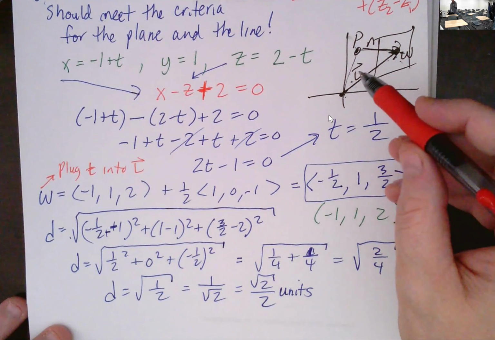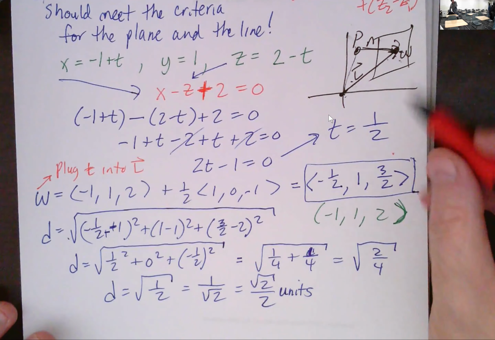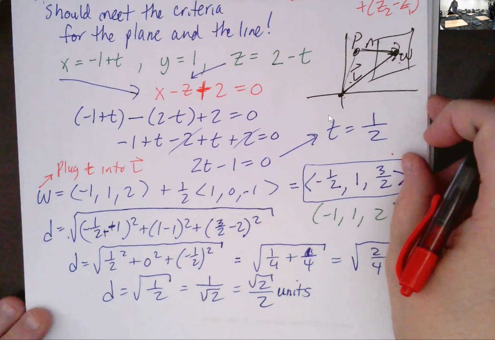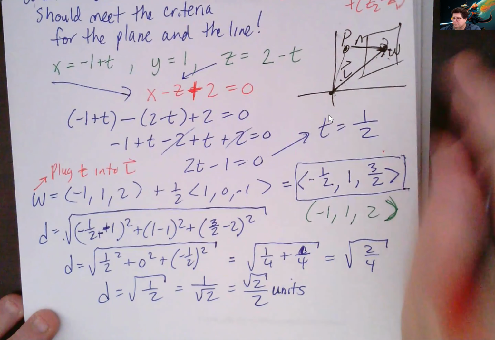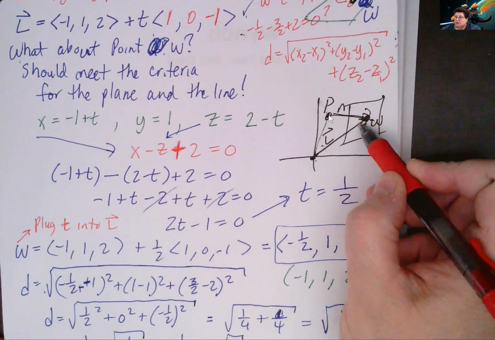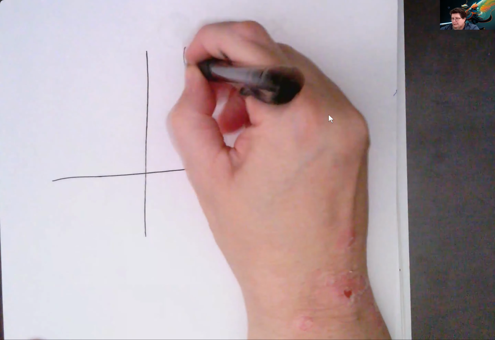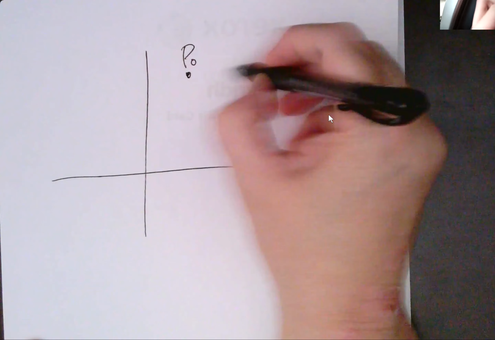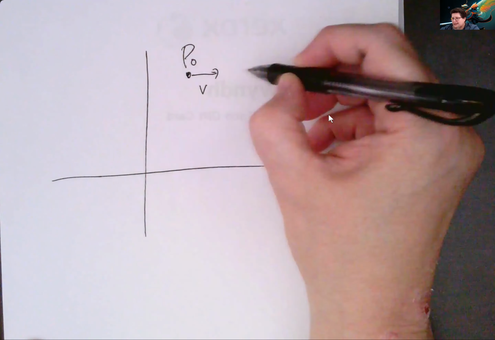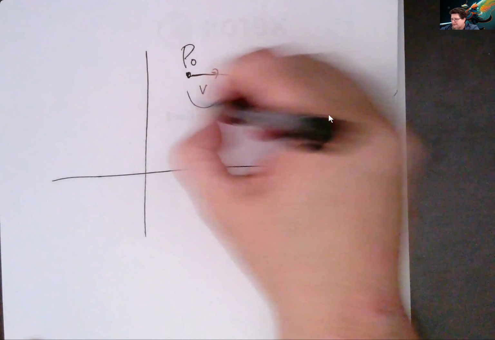Because look, you define L as P naught plus T times the vector. L is very much a pointer to the destination of P naught plus T times the vector. Let me do it in another picture, where I can make it a little bigger. We've got P naught, and we've got a vector V. Say that's V, and this ends up being TV.